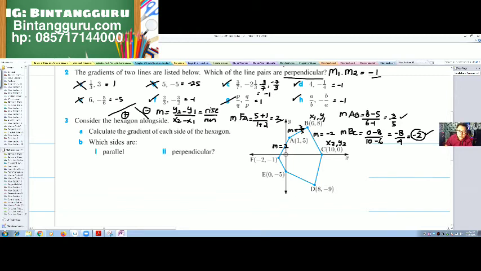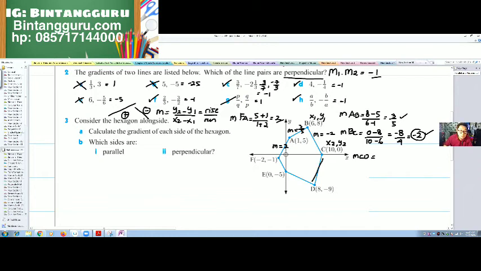And then CD. So CD is going up or down? Because this is C, let's see. I think it's going down or up. It's going up, because we see it like this way.